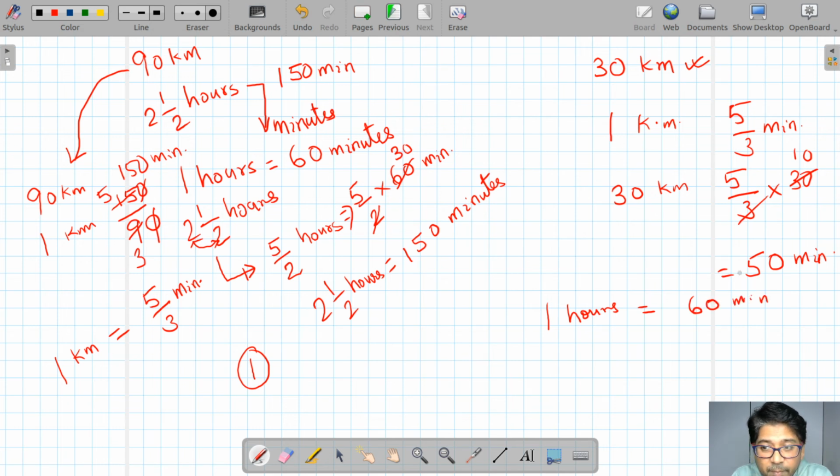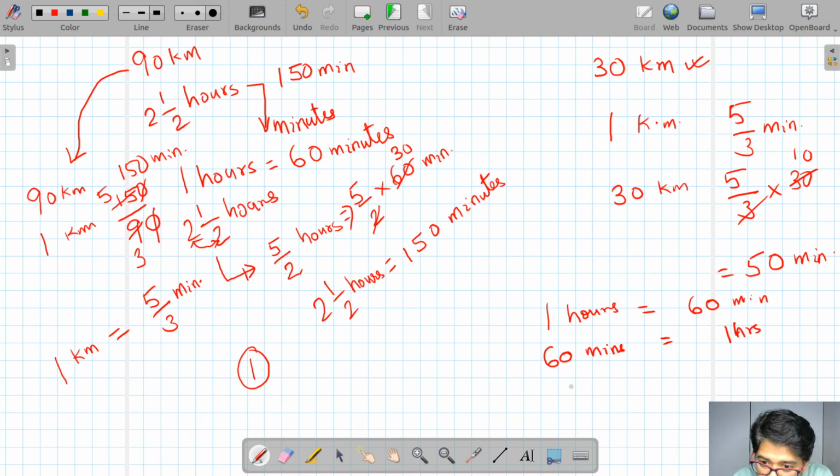Right? I have to make unitary again. So here we will go for the reciprocal. To whom do I have to make unitary? 60 minutes. So we will do the opposite of that. We have 60 minutes equal to 1 hour. Same thing.